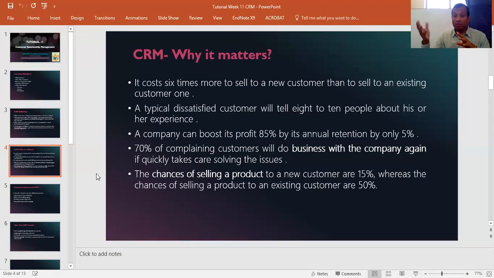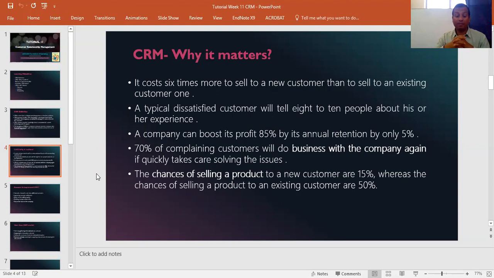That means you need to be very careful. Your customer should not be dissatisfied to the extent that by word of mouth they tell 8 to 10 people, oh, this product is not at all good, this service was very pathetic.